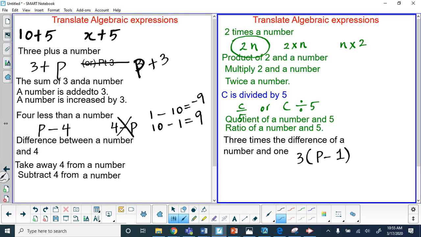Now this is a more complex question because you have to use parentheses.